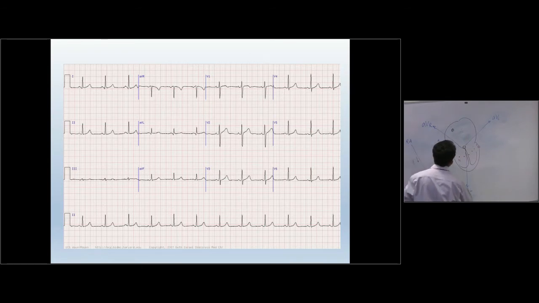All right. Then lead 2, its direction is that way. All right. And lead 3 is coming the other way.